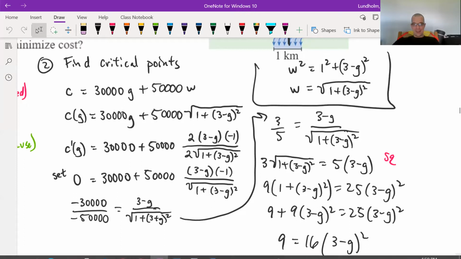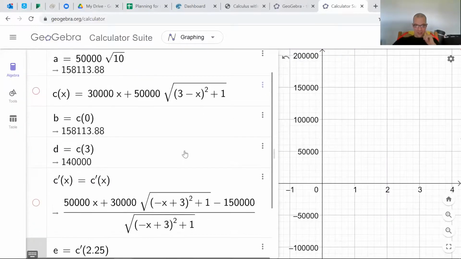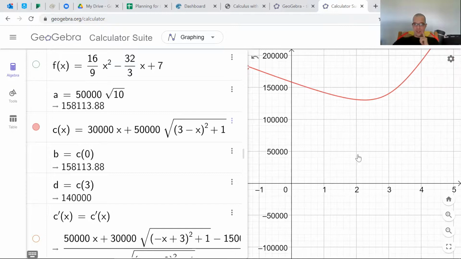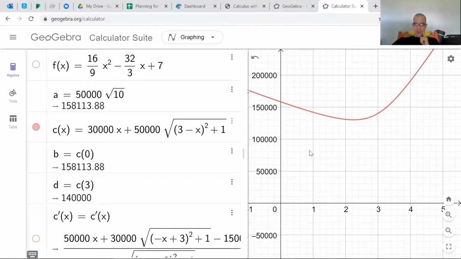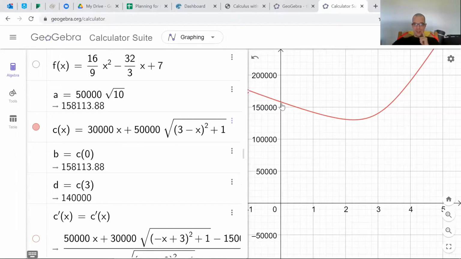In order to do that, please allow me to put that into the calculator. Here is our cost function. Notice that when you put in 0, you get the hypotenuse number, and when you put in 3, you get the L-shaped number.